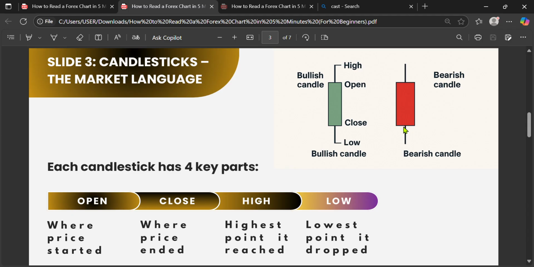That's what this is saying. Each candlestick has 4 key parts: the open, the close, the high, and the low. That is where price started, where price ended, the highest point the price reached, and the lowest point it dropped to, where we started having the rejection.